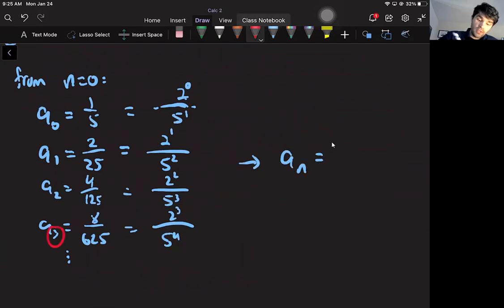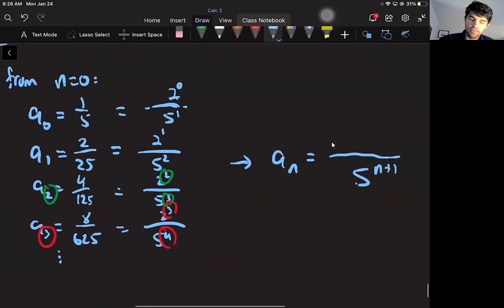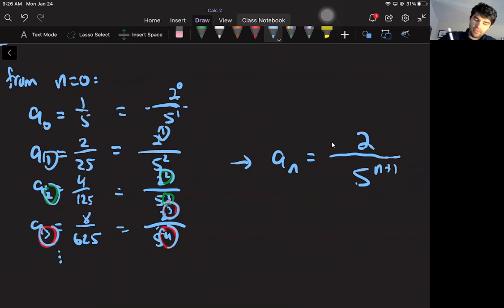Well, when this is 3, this is 4, and this is 3. Those are what's changing. When this is 2, this is 3, and this is 2. So what's going on is on the bottom, my power of 5 is always 1 more than my index. So for A3, it was 5 to the 4th. For A2, it was 5 to the 3rd. And on the top, the power and the index matched. 1 and 1, 2 and 2, 4 and 4, or sorry, 3 and 3. So this is exactly the same as N.